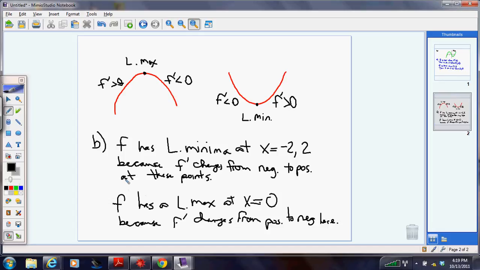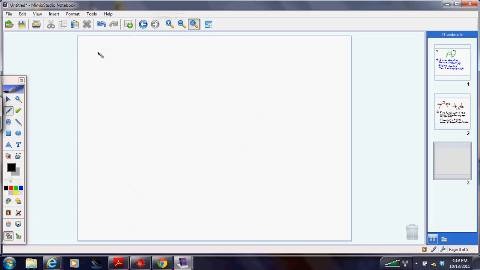Alright, continuing on. Part C says, where is f concave upward or downward? Recall f is concave up when f double prime is greater than 0.